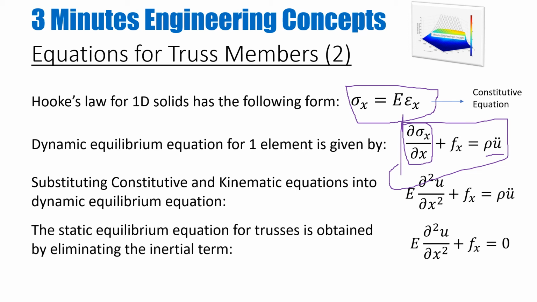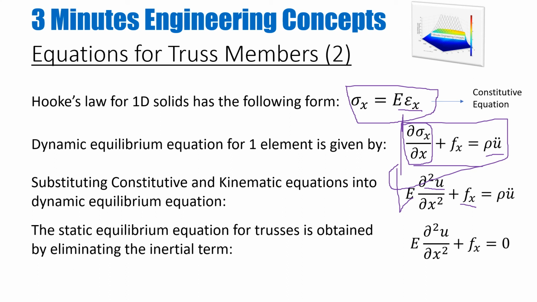If it's a 3D case, you can imagine how complicated the equation will be, or rather it will be a set of equations. Now I substitute the constitutive equation, replacing sigma x with E epsilon x, and then replace epsilon x with the kinematic relation shown previously, and I ultimately get a relationship in terms of displacements and forces. So now I have the overall dynamic equilibrium equation for my truss element in 1D.